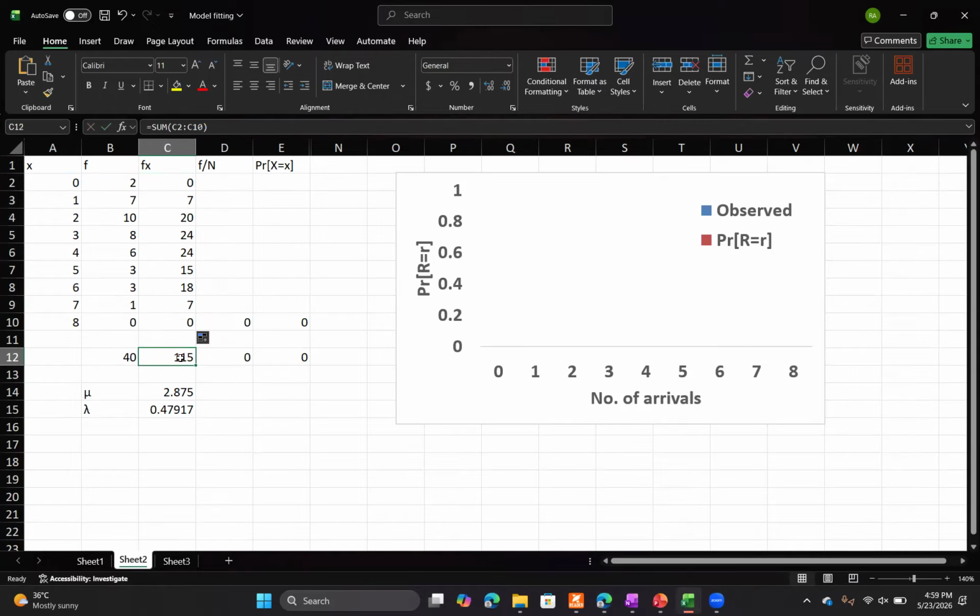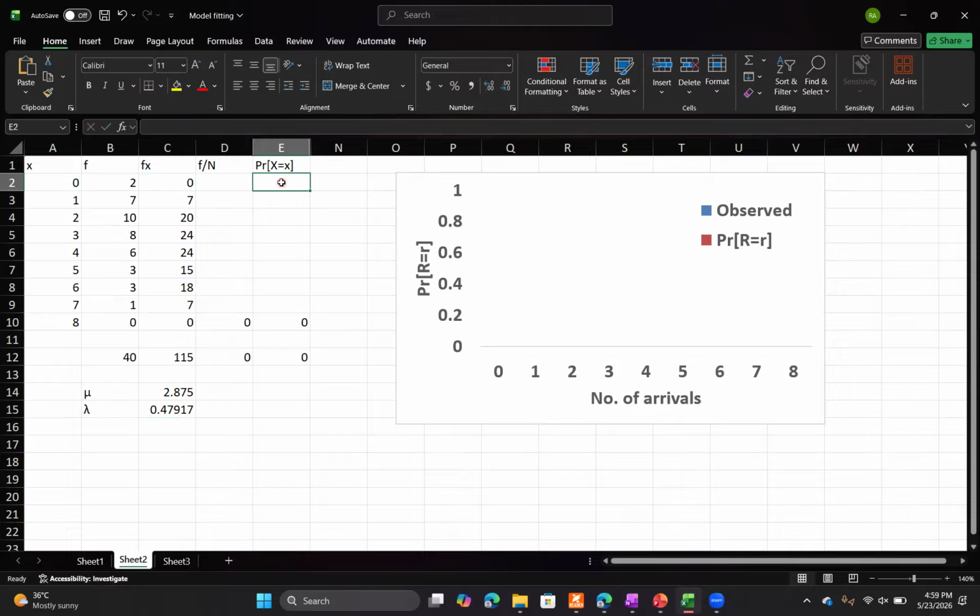So I got the total, and the mu value is equal to the sum of Fi times Xi or Ri, divided by the 40. So it is 2.875. The lambda value is optional to be calculated.